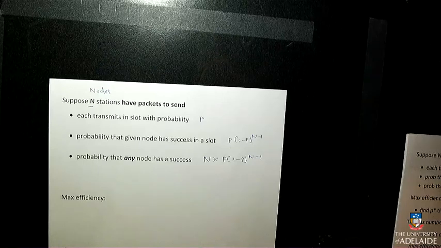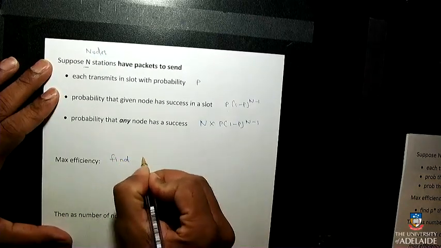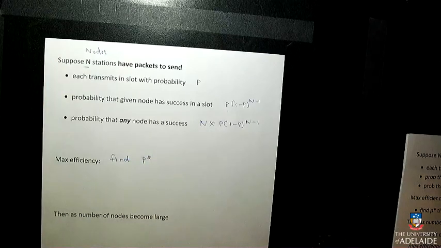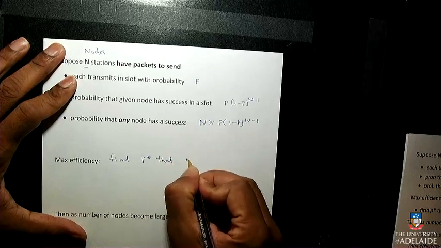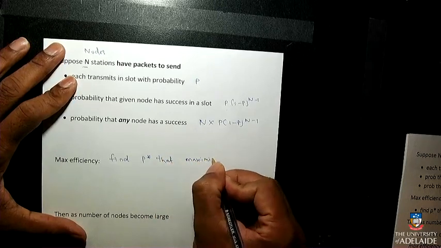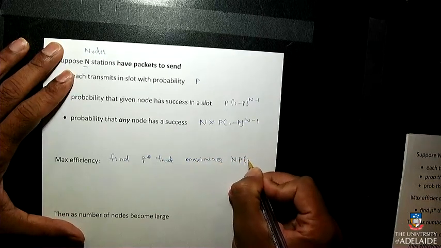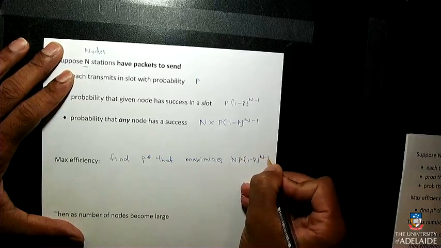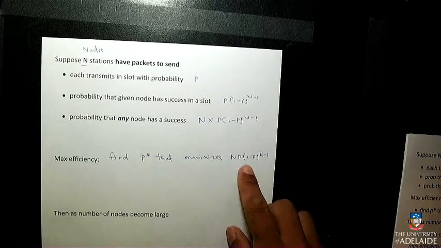But for maximum efficiency, what we want to find is a value for p that maximizes it. What value of p will make the probability that any node successfully transmits a packet maximum?